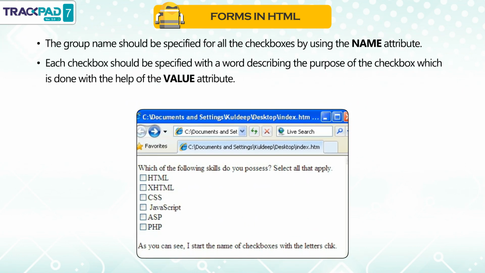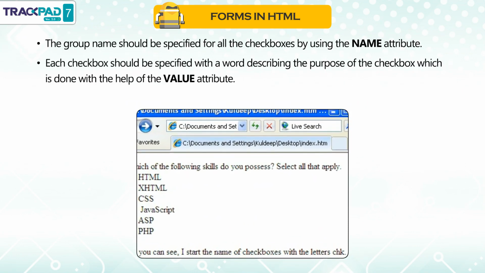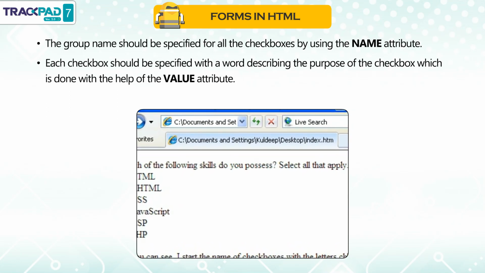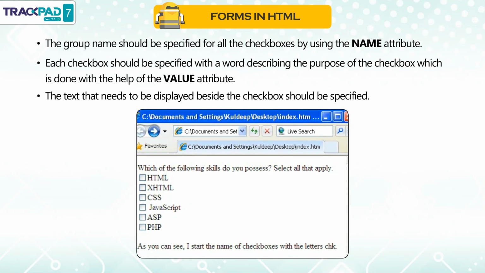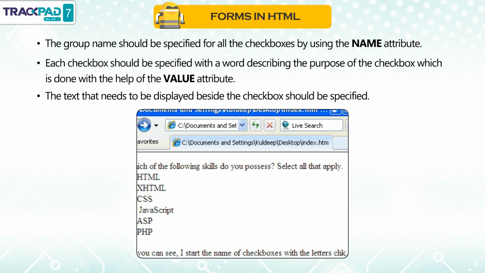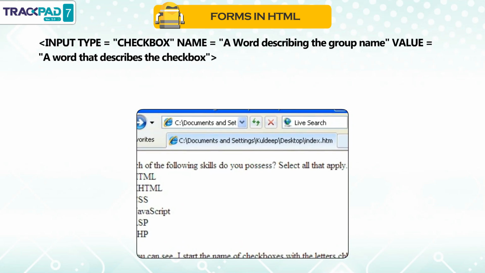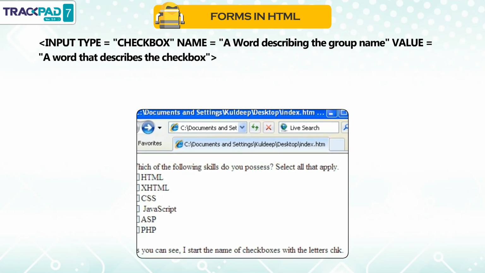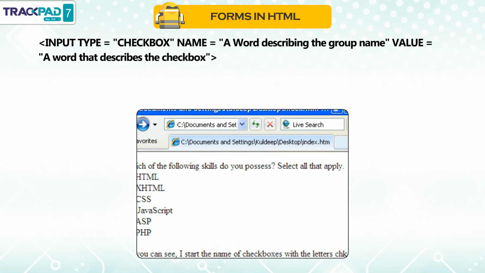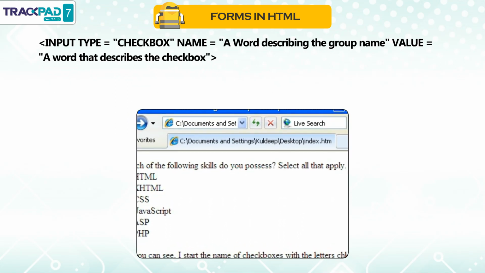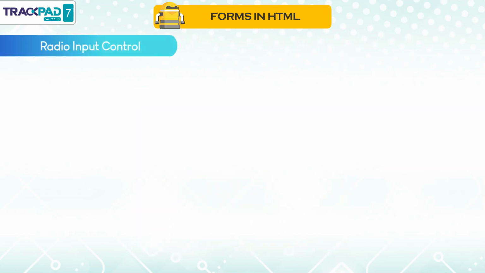Each checkbox should be specified with a word describing the purpose of the checkbox, which is done with the help of the value attribute. The text that needs to be displayed beside the checkbox should be specified. Input type equal to checkbox, name equal to a word describing the group name, value equal to a word that describes the checkbox.